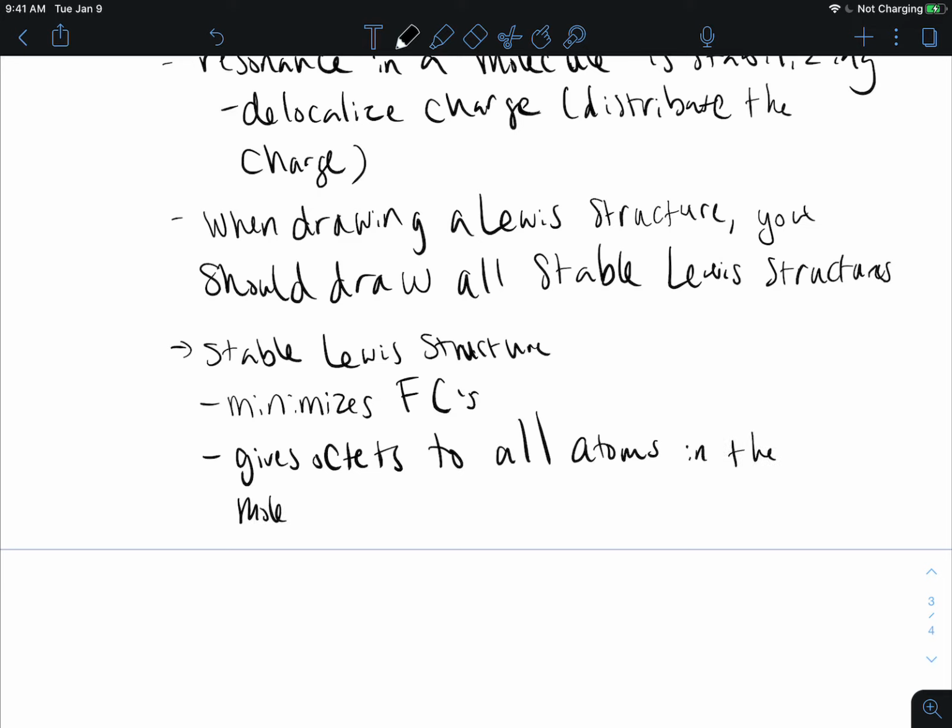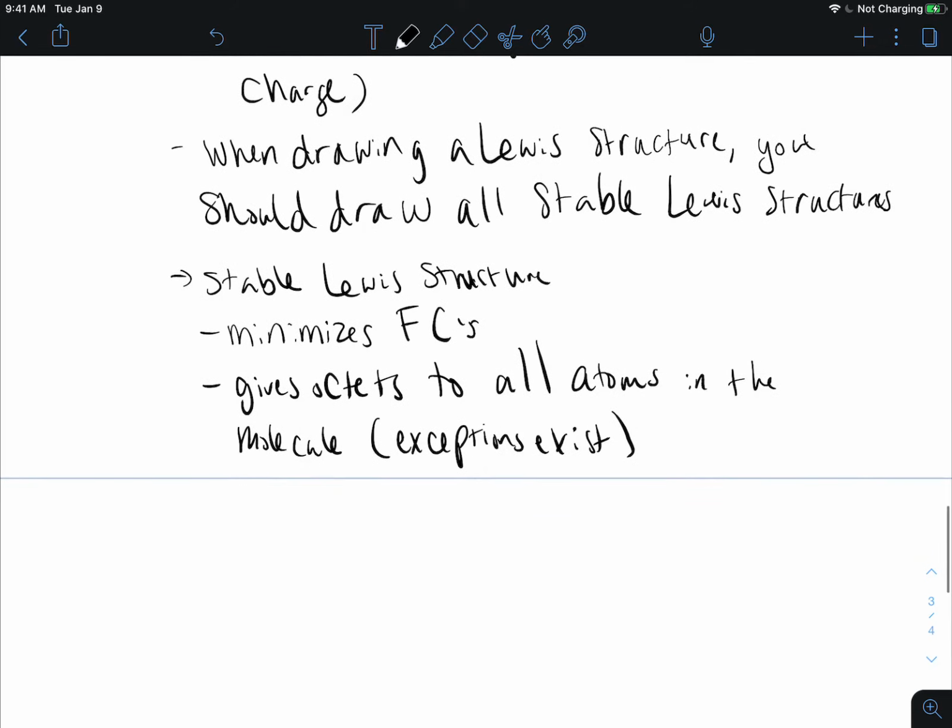And of course, exceptions exist. For instance, hydrogen, you never want to have an octet for hydrogen. That just would not be very happy for hydrogen with its 1s electron. And if you have to have a formal charge, you want to put formal charges on atoms that make sense.